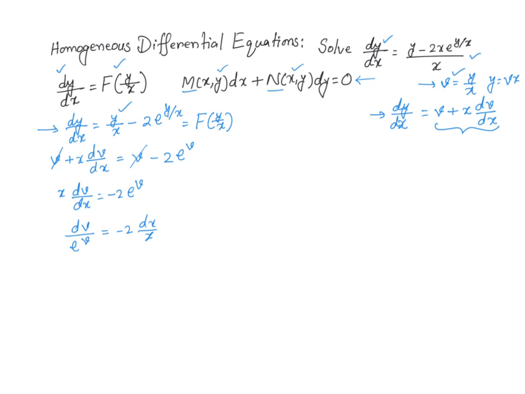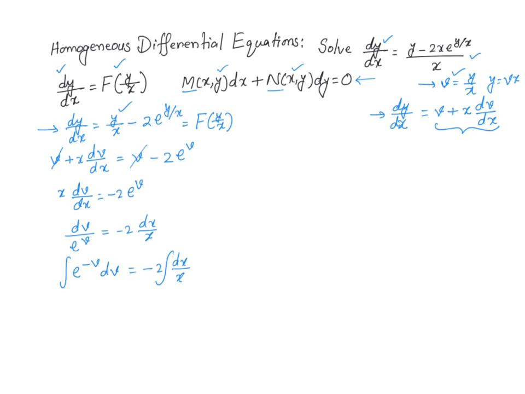Now I can simplify it slightly more. So I could write this as e to the power negative v dv is equal to negative 2 times dx over x, which I could integrate on both sides, right? With respect to v on the left and with respect to x on the right.